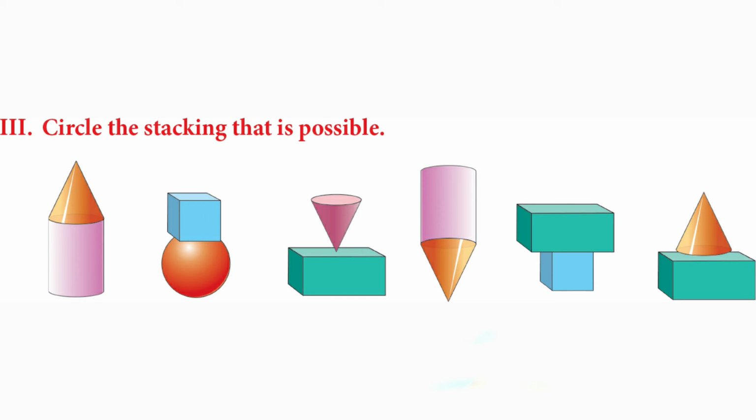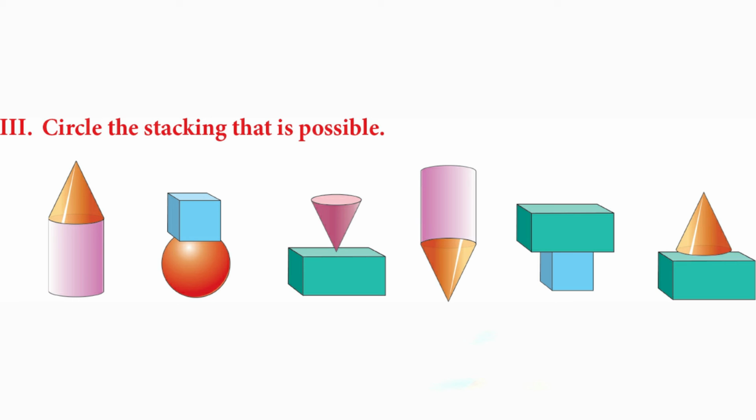As you can see, the cone and the cylinder stacking is possible because they have stacked it with the two flat surfaces. Now look at the second one, the sphere and the cube, do you think it can be stacked? I hope your answer is no, because it has a curved surface.